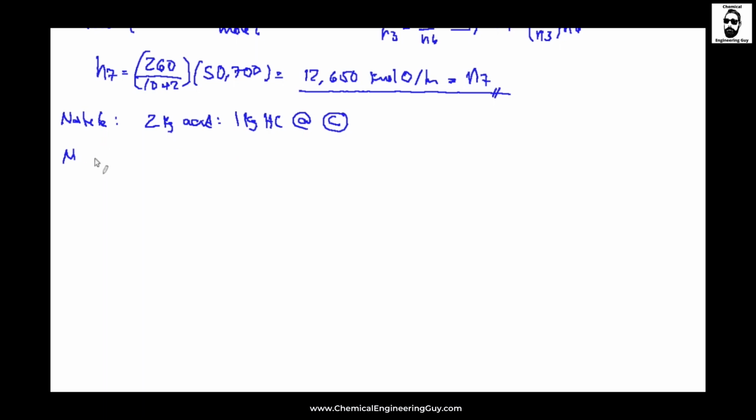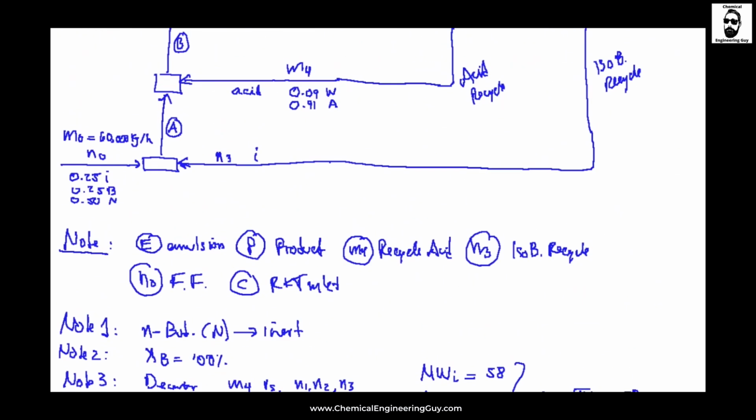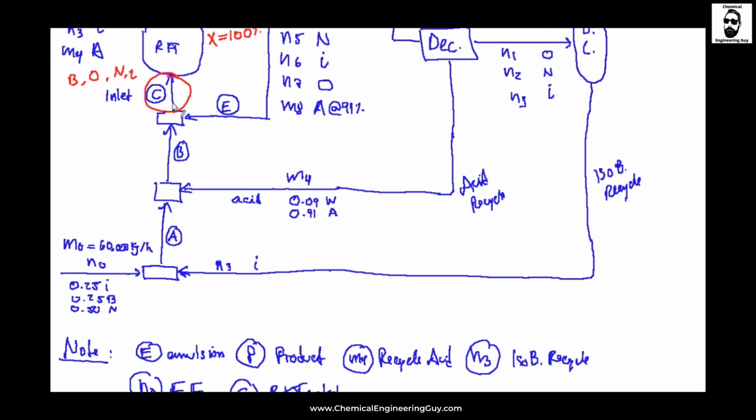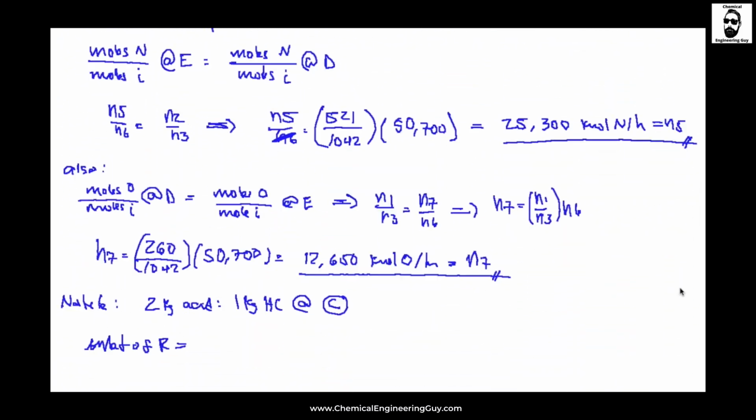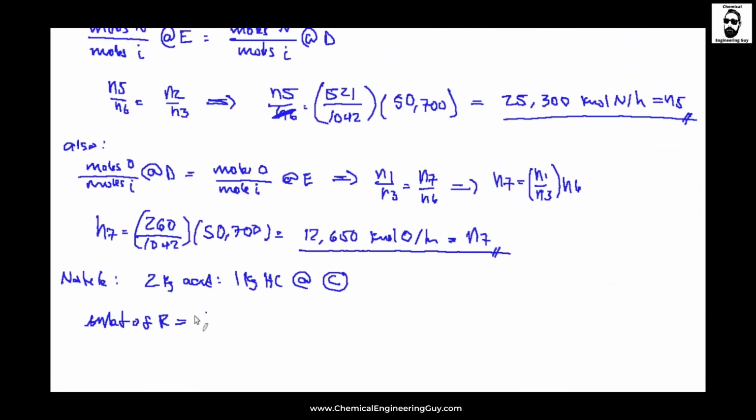The inlet of the reactor is the flow you recycle plus letter B. So C equals E and B.